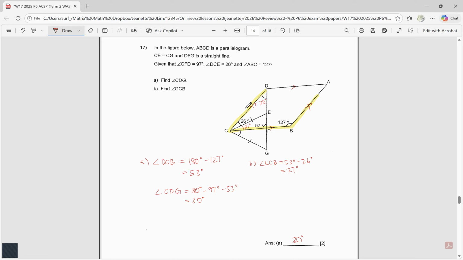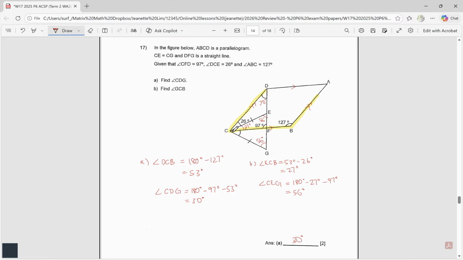So can you see that in this triangle here, right, I got 27, I've got 97. I want to find this. So that's CEG, okay, angle CEG. 180 minus 27 minus 97, which is 56. Now, if this angle here is 56, then this angle here must also be 56.